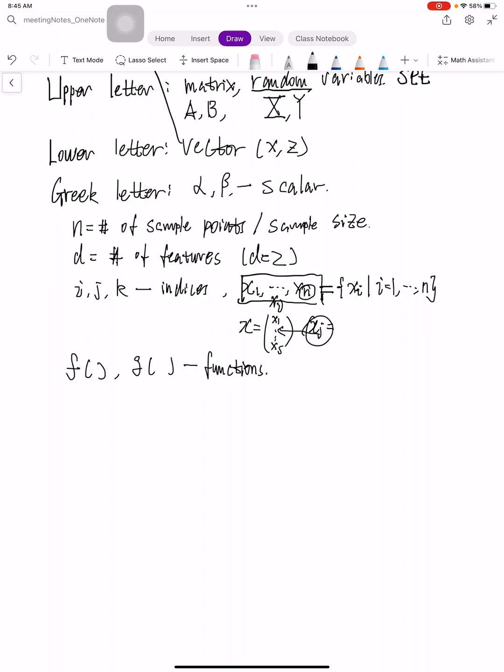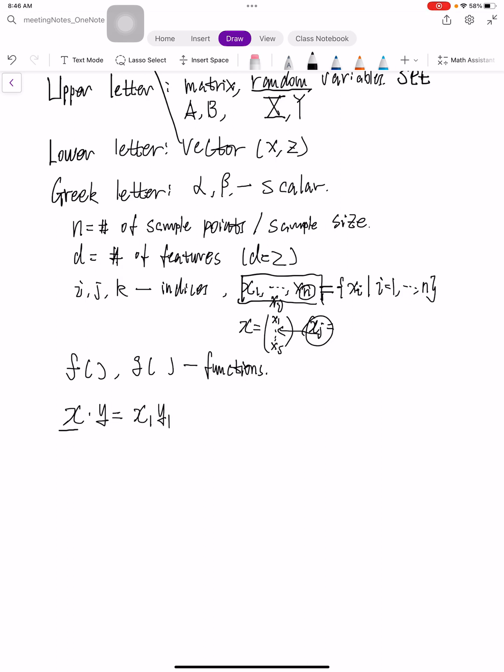Once we have two vectors, there's the inner product. In today's class, we're going to use a lot of inner products. So the inner product of x and y equals x1 times y1, and so on.